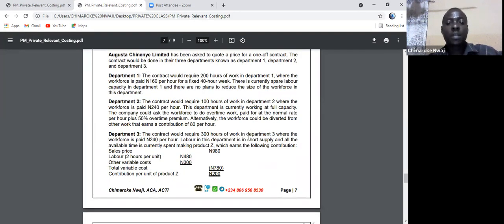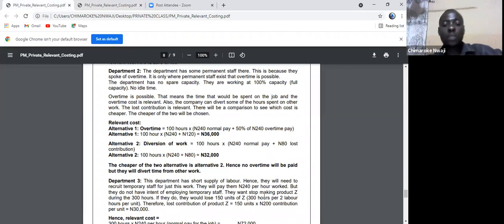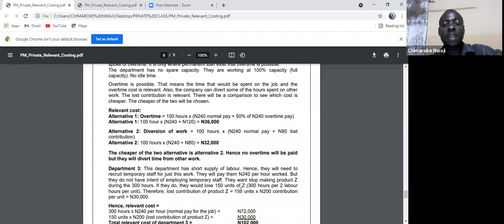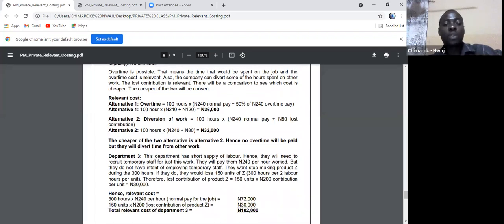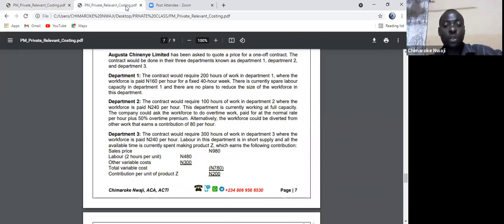The labor is in short supply, and all the time is spent in making another product. So the company does not have intent of employing temporary staff. How do we know? Because they told us that they are making a product and they can stop that product.